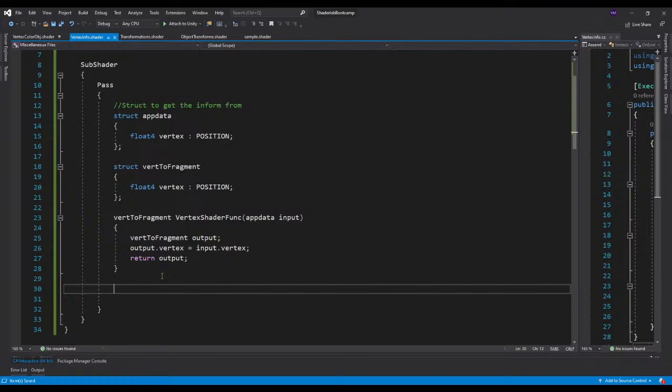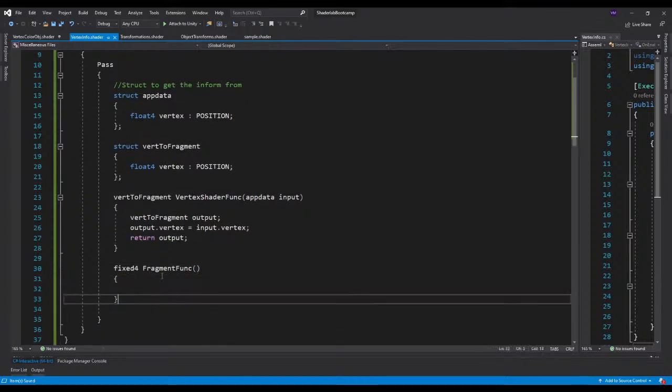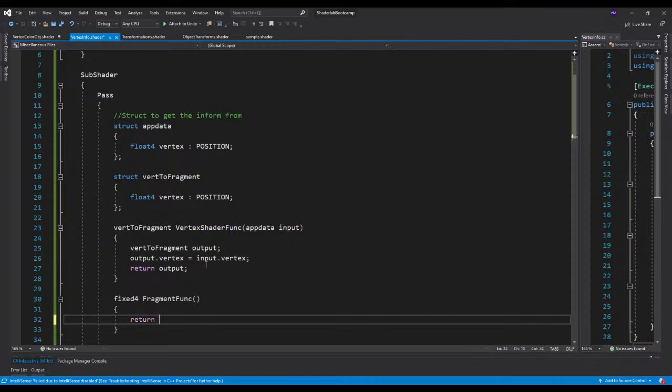Once that is done, we need to write our own fragment shader, right? So when we write a fragment shader, fixed4, or float4, half4, whatever you want to write, and just name the function whatever you want to write, right? So fragment function, and here I'm going to say I need to return a color, so I'm going to say return 1.